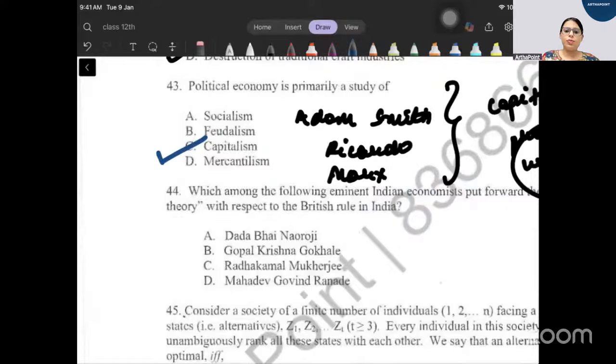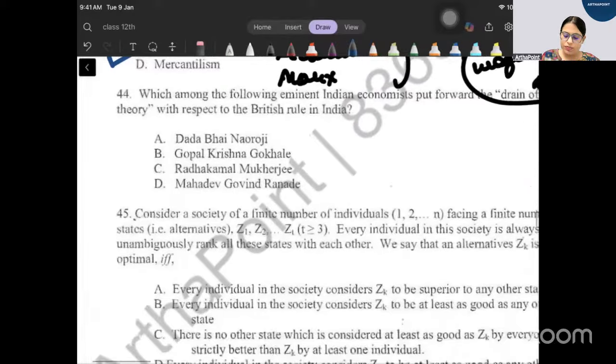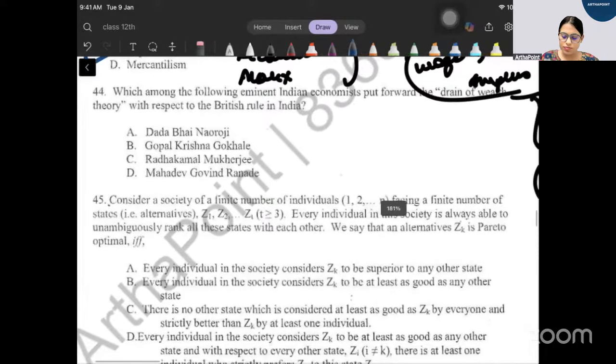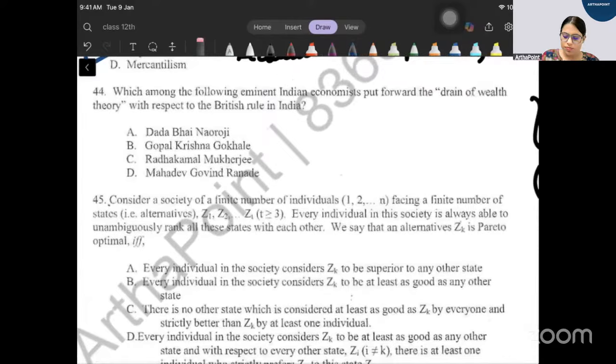Which of the following eminent Indian economists put forward the drain of wealth with respect to British rule in India? All of you should know this. Good. Yes, that is the correct answer.